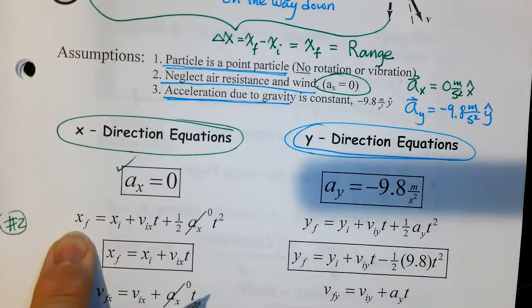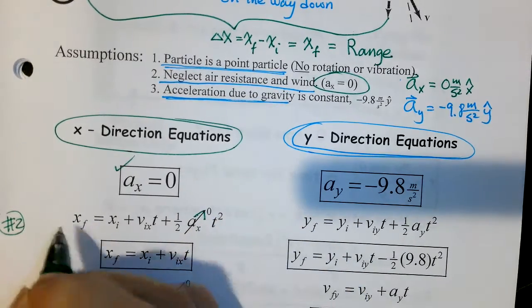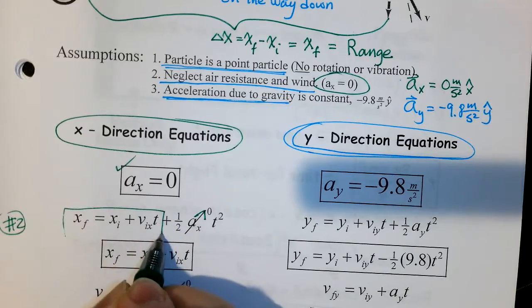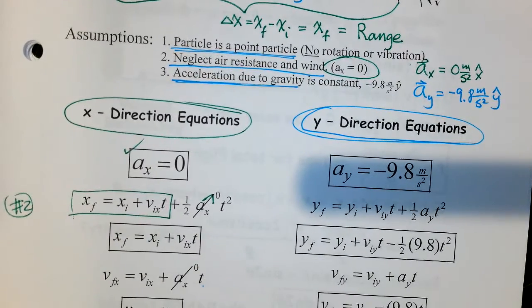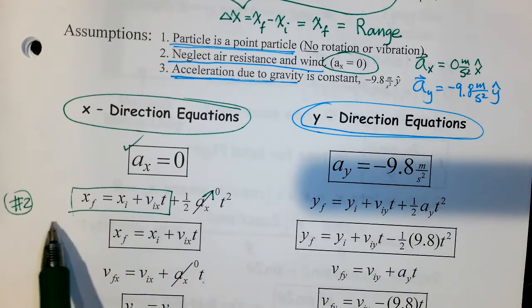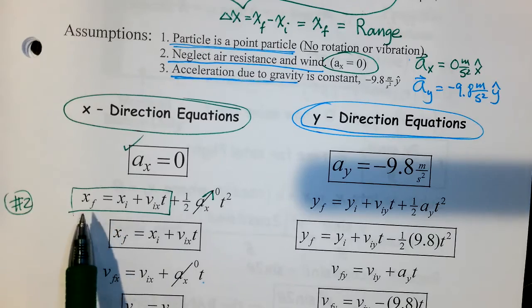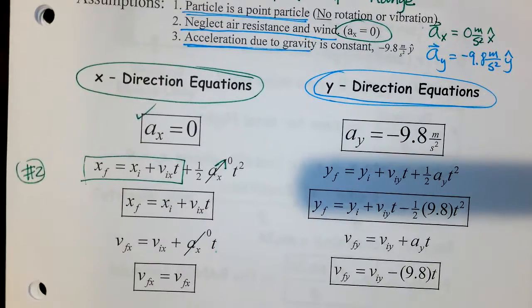Since we know the acceleration in the x is 0, the whole equation number 2 just boils down to just this. Now, if you say your initial x is 0, you could pretty much figure out the exact horizontal location if you just know the time and the initial velocity in x.